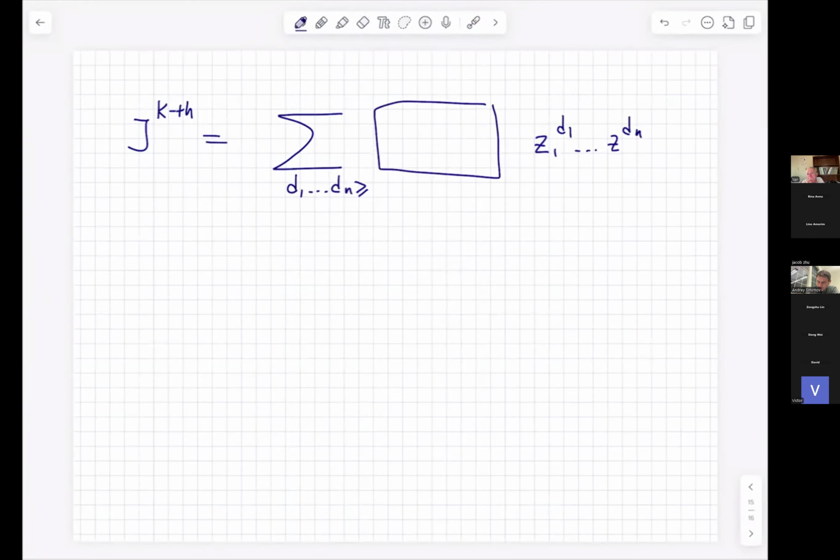The coefficients will look like rational functions in all the parameters, with denominators of the form 1 minus q, 1 minus q squared, and so on, and maybe some numerators in other parameters. So in particular, you will see infinitely many poles appearing at all possible roots of unity.